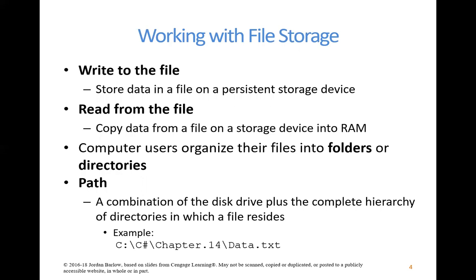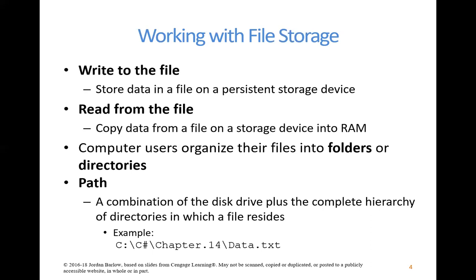Okay, in Windows based systems, files are organized into folders or directories, and a path is the name of the disk drive and the hierarchy of directories or folders where a file resides.